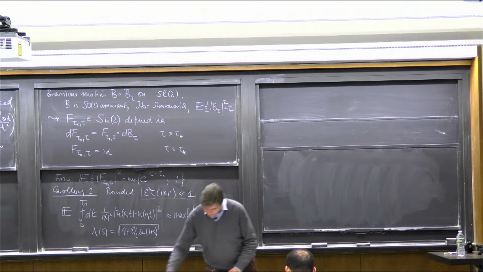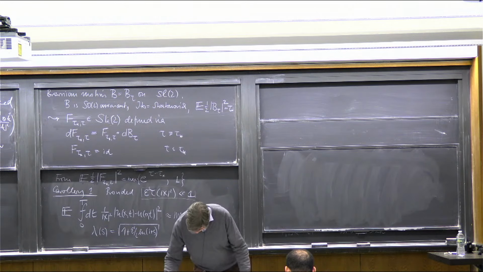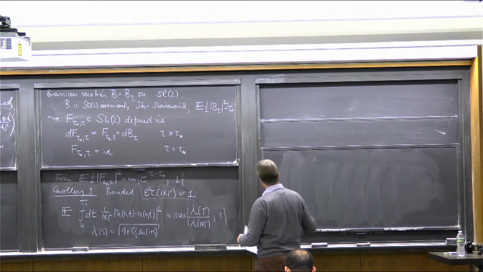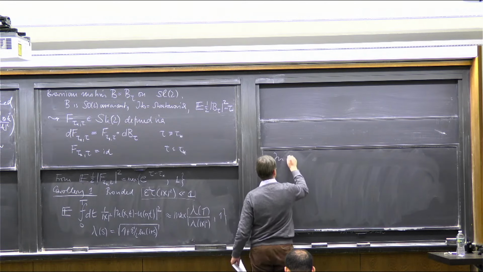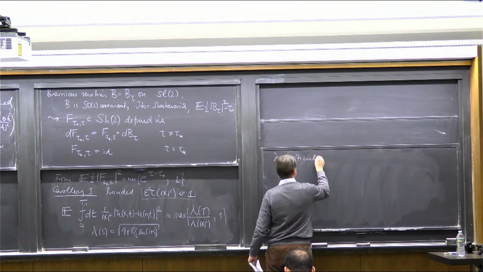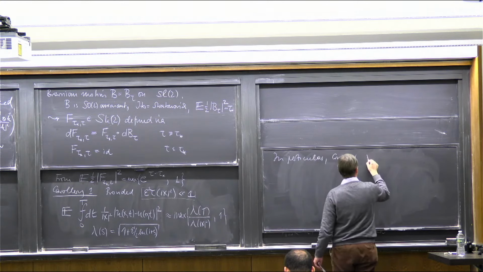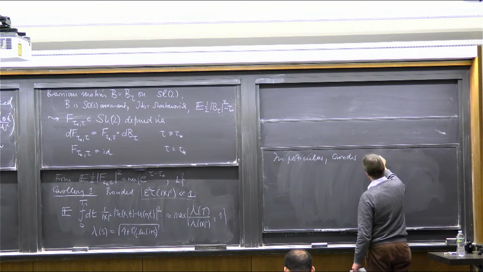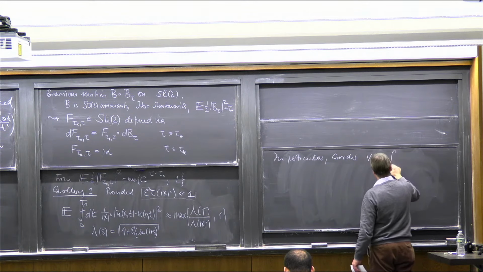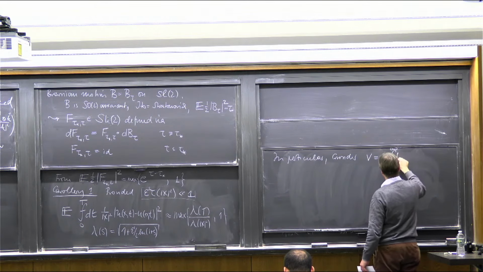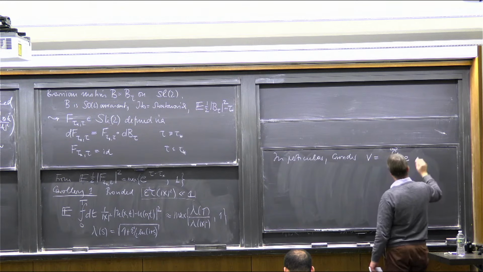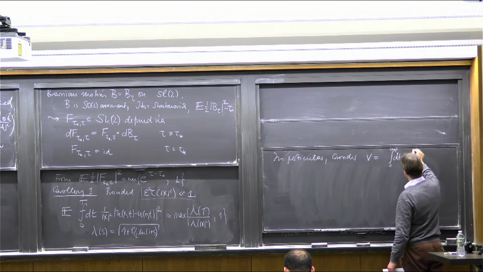So there is a way of massaging it so that it becomes a bit more intuitive. In particular, consider the function v, which now only depends on space, which you get from integrating in time an exponentially discounted function u.